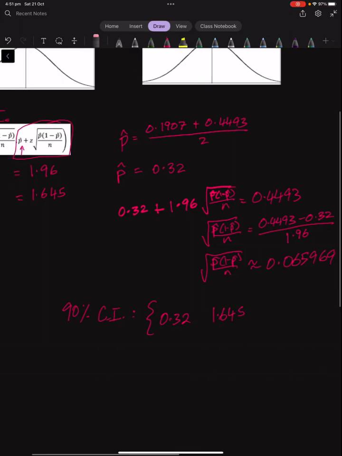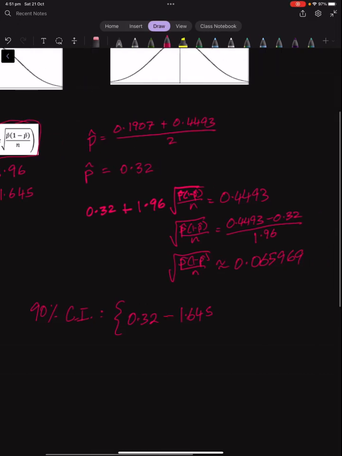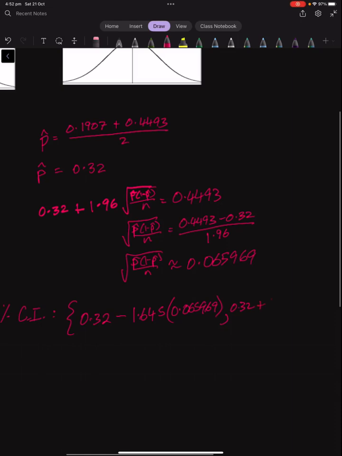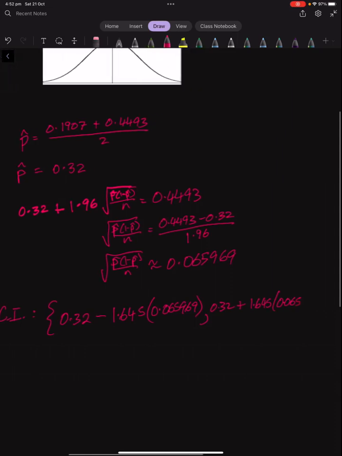I was getting excited and doing the upper bound. Need to do the lower bound first. Minus 1.645 times this particular value, which we just found out, 0.065969. And then, of course, the upper limit, 0.32 plus 1.645 times 0.065969.